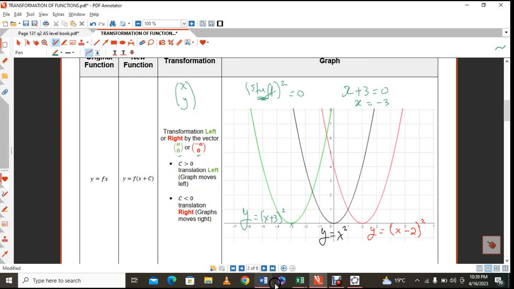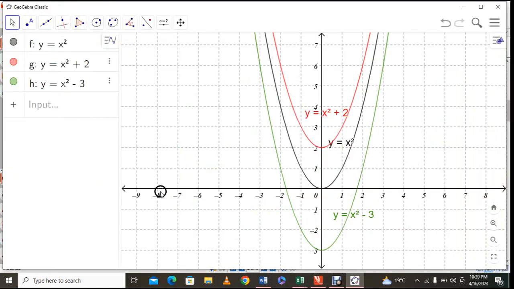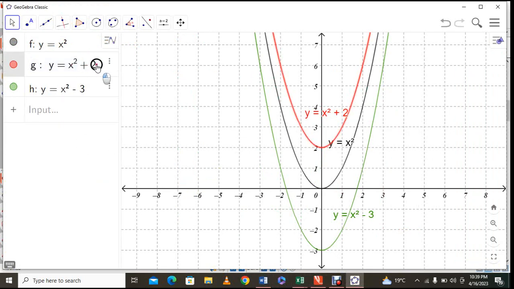Let me bring it up in the software so that you can follow. We have the same graph, but here we are going to make some changes. We're going to have a bracket, then x minus 2, and here is where I want the bracket to be.